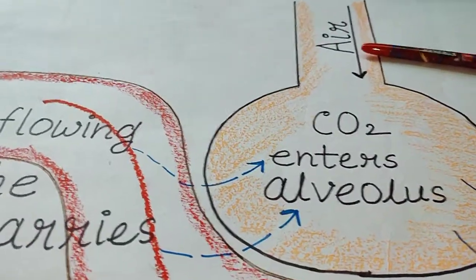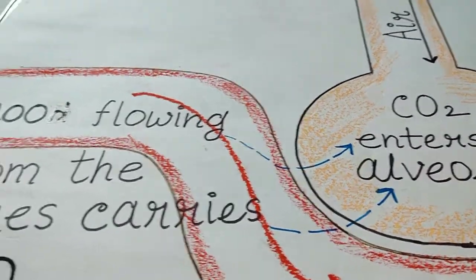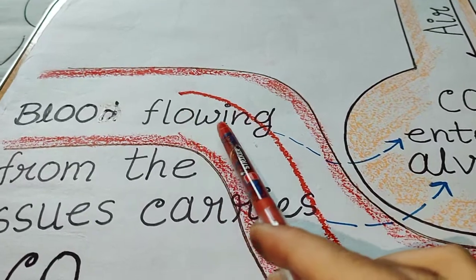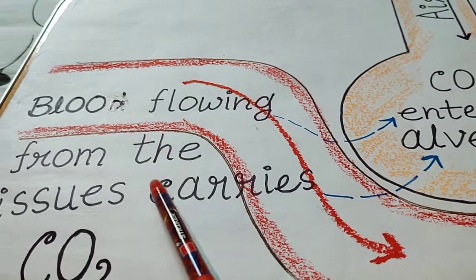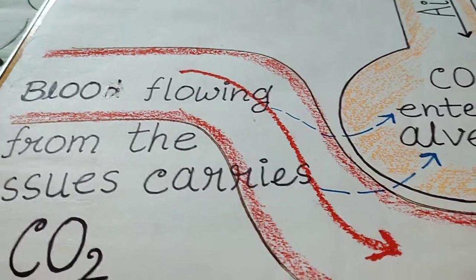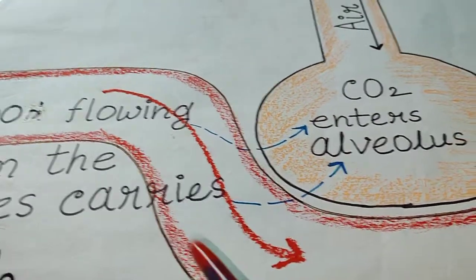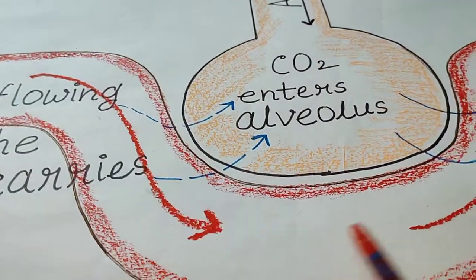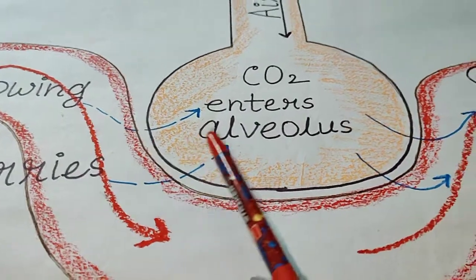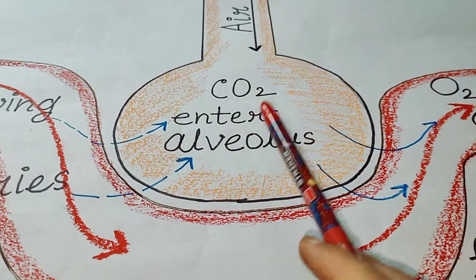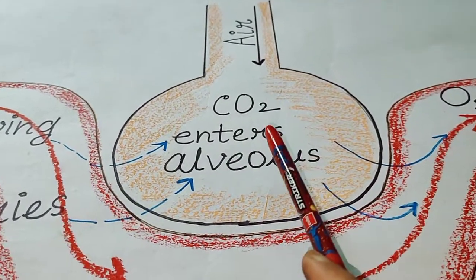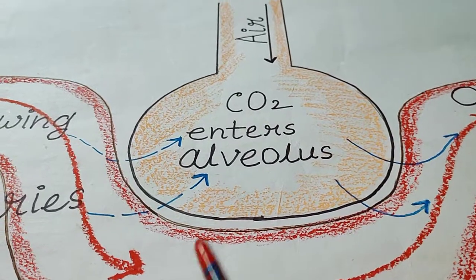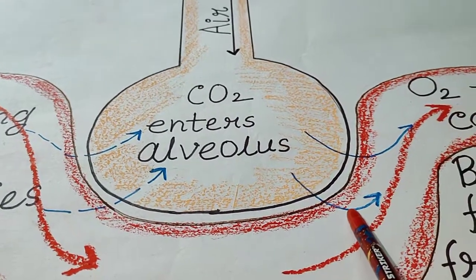Here in this diagram we can see blood flowing from the tissues carrying carbon dioxide gas. In the capillaries, CO2 enters the alveolus. Here is the site of exchange of gases.